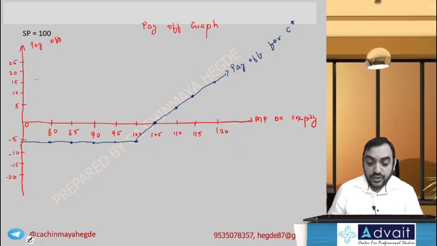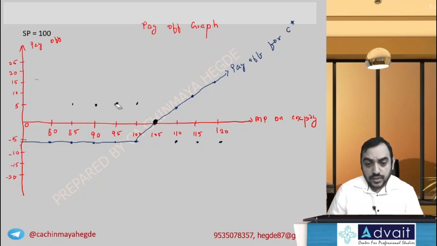Similarly, if I do it for the writer, at 80 rupees you get plus 5. At 85 rupees, you get plus 5. At 90, 95 and 100, also plus 5.